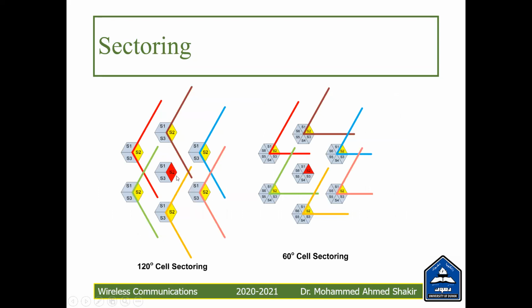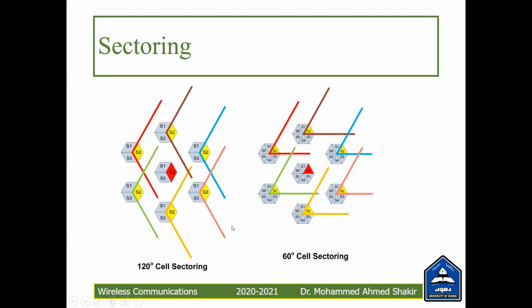Look, please. Here we have the sectors in the case of 120-degree sectoring. Look at the radiation direction of each cell. If you study the interference on this cell, the red S2, it is affected by the radiation of the green and the radiation of the red.